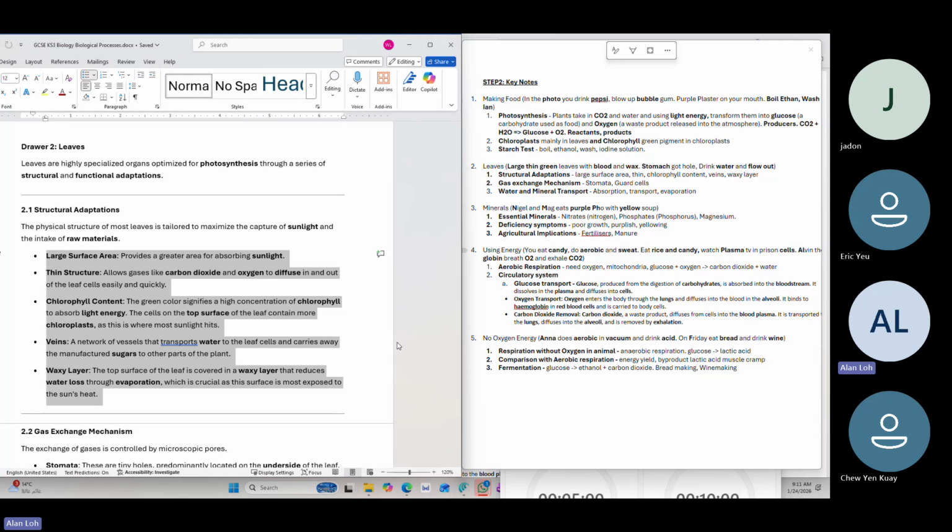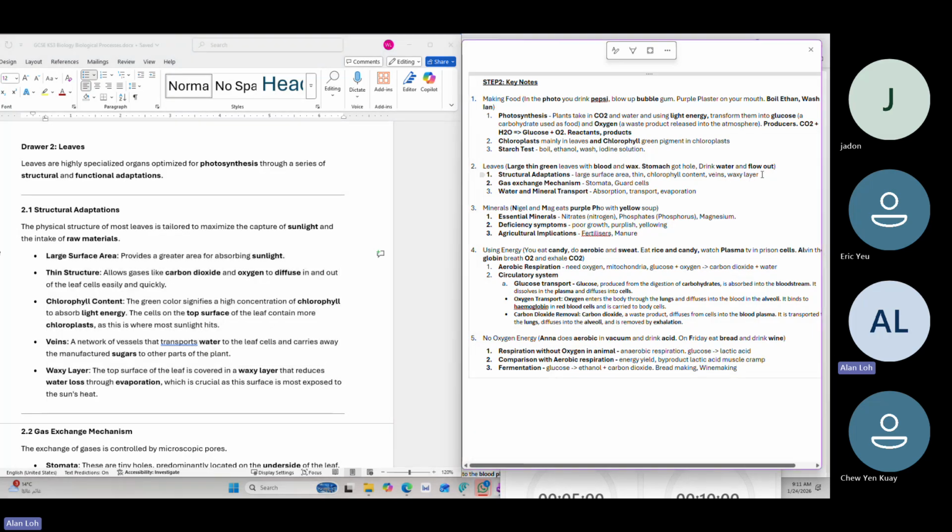So by reading this in that 1 minute, I am quite sure that you have already increased your knowledge and your understanding about structural adaptation now, compared to when you were reading this step number 2 10, 15 minutes ago.